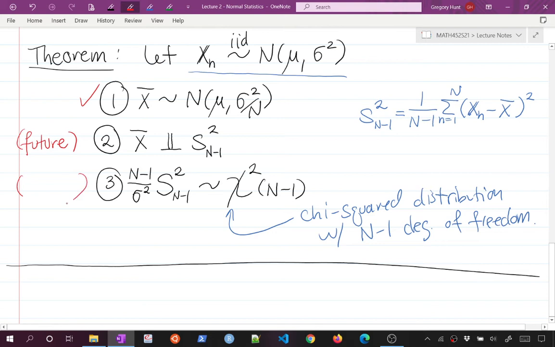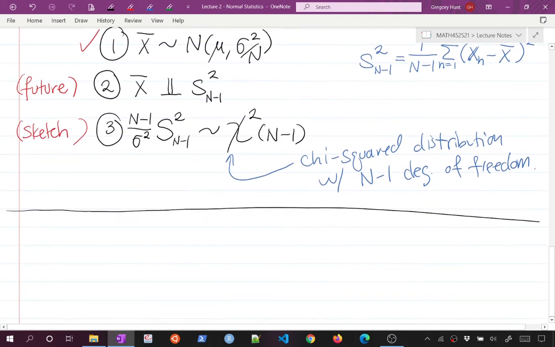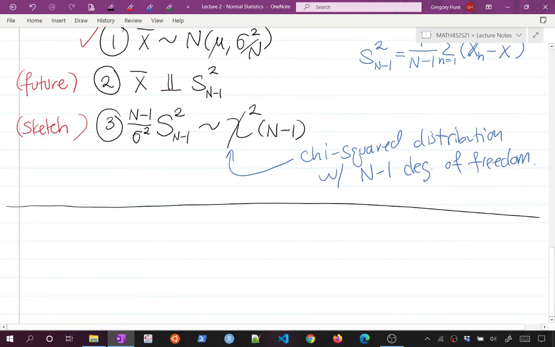Fact three, let's just do a sketch of this proof. We're going to do a really high-level sketch, and the only reason we're going to do it is because it tells us something about this degrees of freedom parameter.